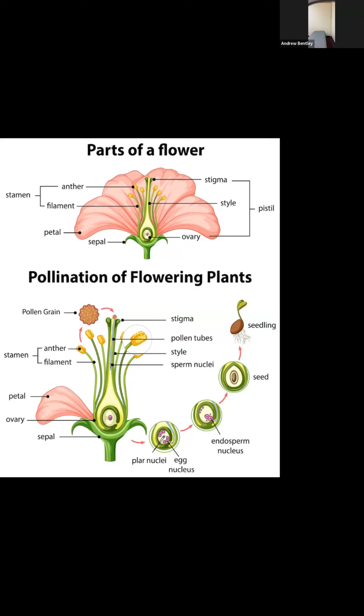So the pollen grain gets stuck in the stigma, goes down through the pollen tubes, and then eventually makes its way to the gamete, and that develops into a seed surrounded by a fruit.